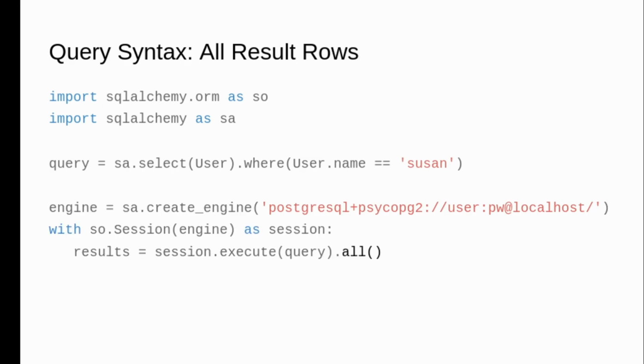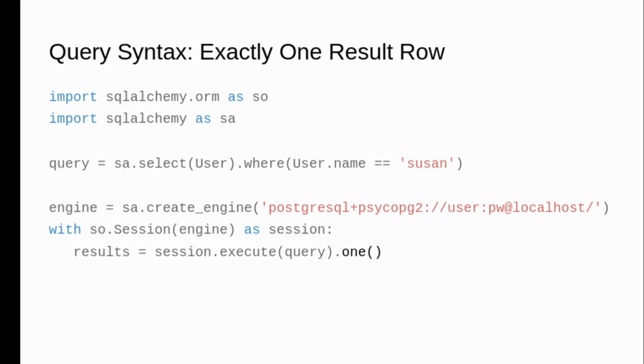So when you execute a query, you get an iterator as a result. One option, you can iterate on that if you want. If you want to get the results as a list, you can ask for all the results, and then it's going to be a list of tuples, one tuple for each row of results. You can get the first, if that's all you're interested in.